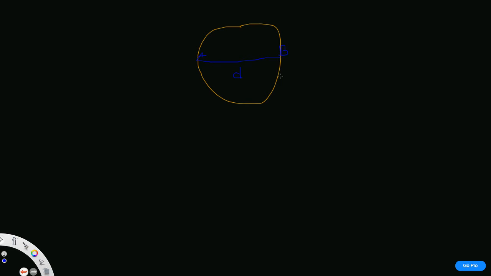The diameter is the length from point A all the way to point B. I am going to draw a line from point A all the way to the midpoint.